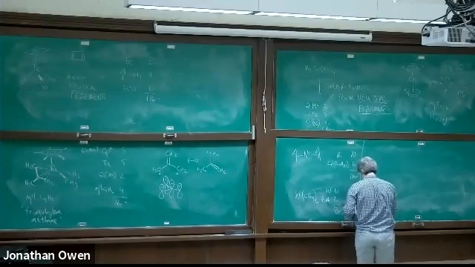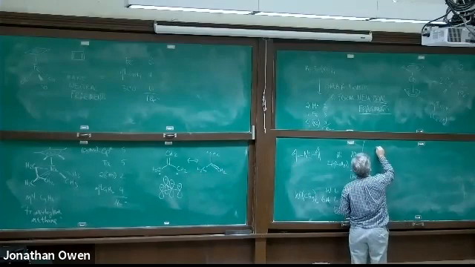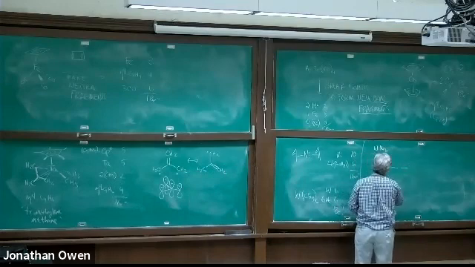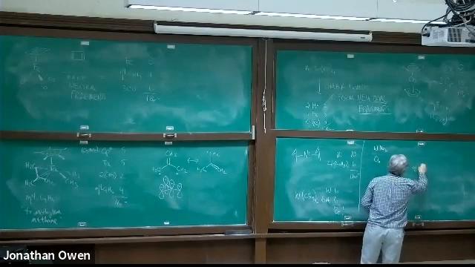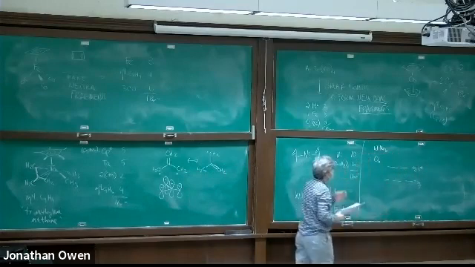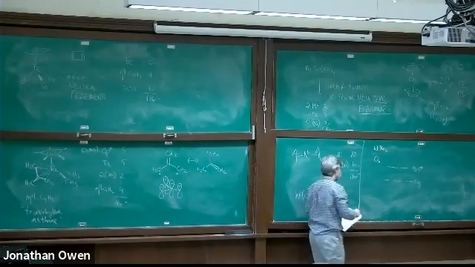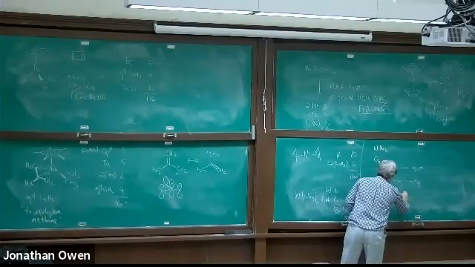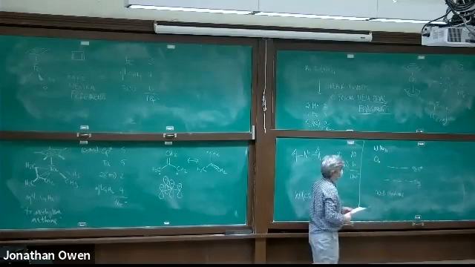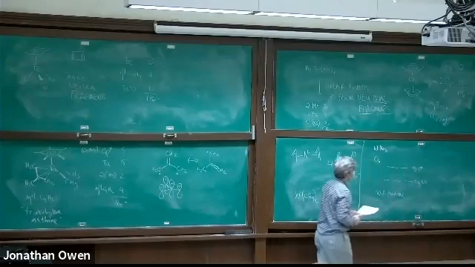So this compound is octahedral. You've got an eg and a t2g. This is sigma star. And it's got no d electrons. Okay. This thing here is non-bonding in this sort of a complex.